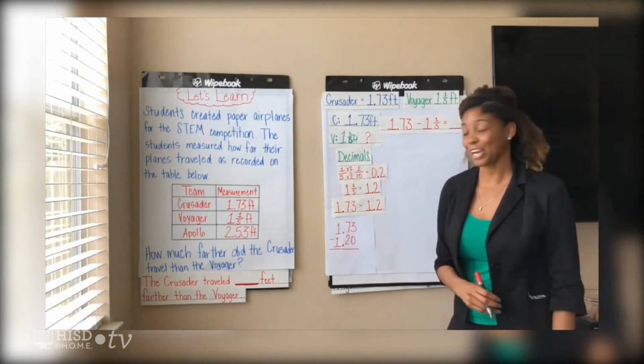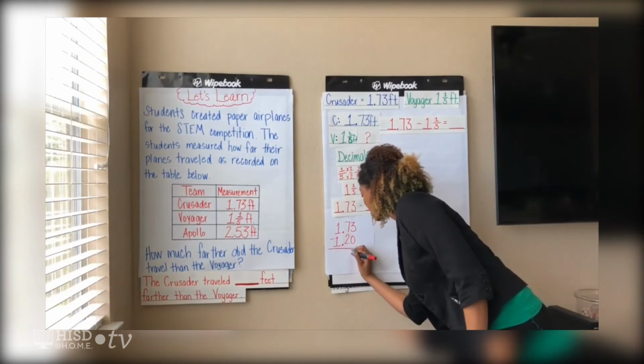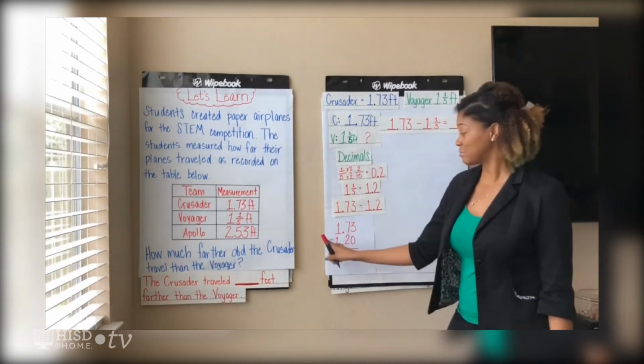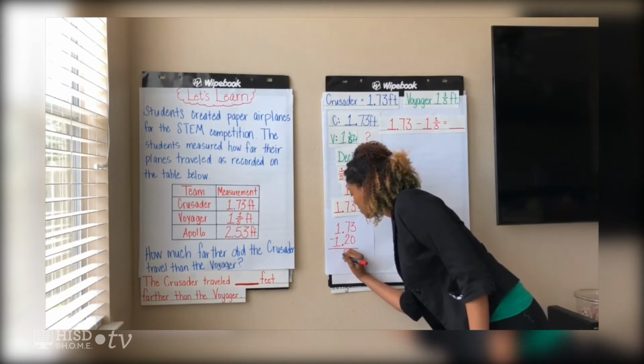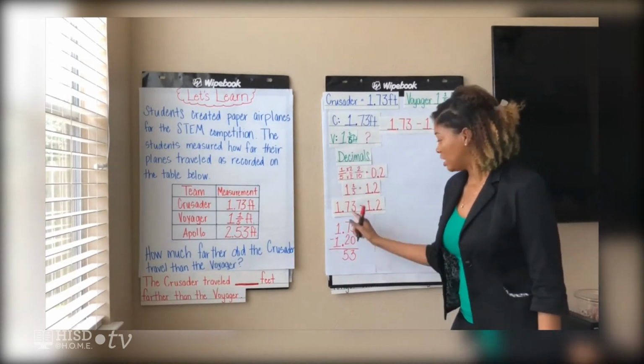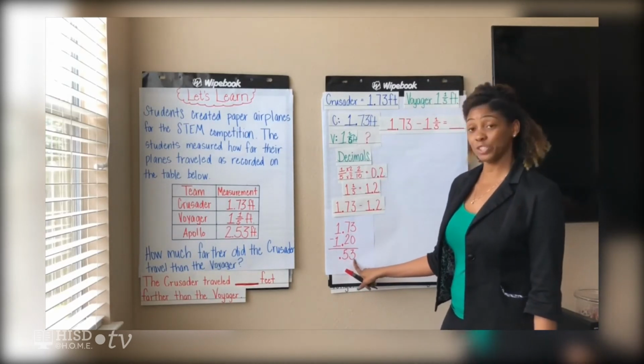So now I can subtract. 3/100 subtract 0/100 is 3/100. 7/10 subtract 2/10 is the same as 5/10. Let me make sure I have my decimal, because we said this was tenths and this was hundredths.